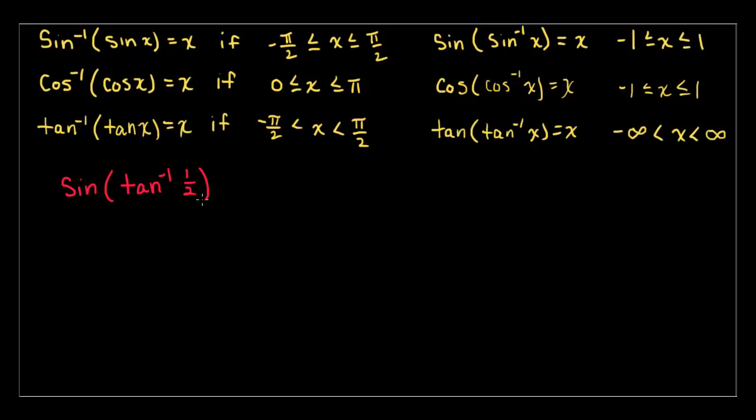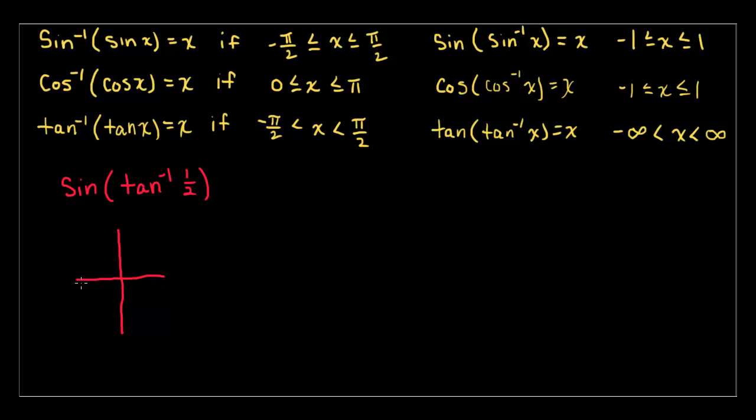Okay, for this, we're going to draw our quadrants. Theta is between negative pi over 2 and pi over 2 for the inverse tangent.